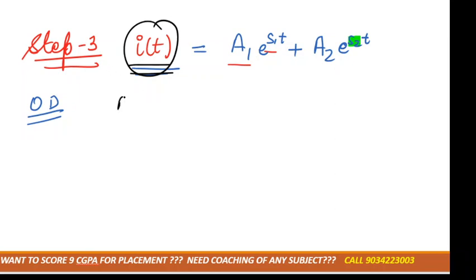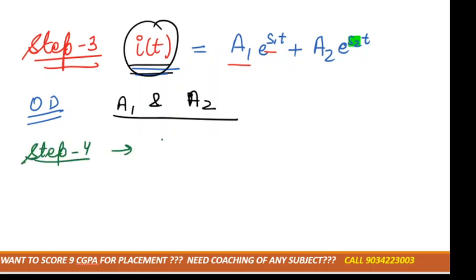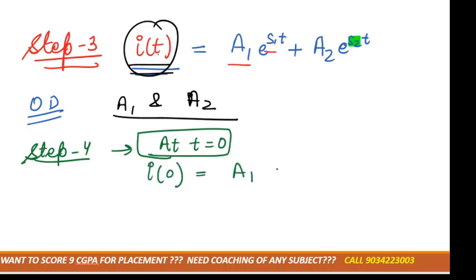So now we need to calculate the value of a1 and a2, right? For the calculation of a1 and a2, we have to follow step number 4. For step number 4, we have to do at t equal to 0. Okay, for time t equal to 0, we can put t here 0, so that would be I of 0, that would be a1.